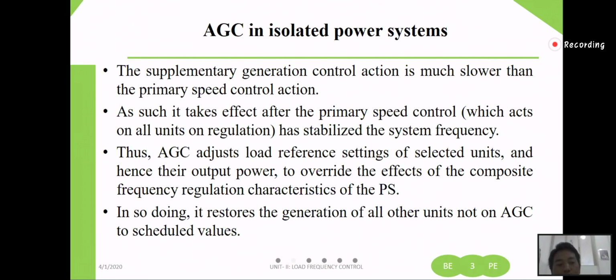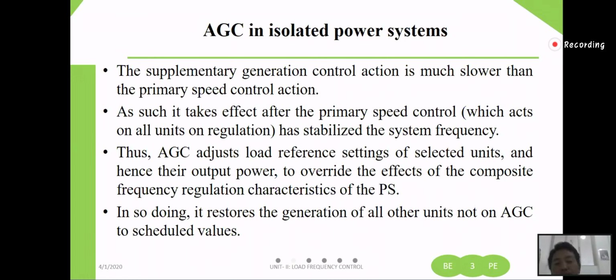As it performs slower, it takes effect after the primary speed control, which we know will act on all the units on regulation, right? So all units are connected with the primary speed control, whereas this supplementary generation control, or secondary generation control or AGC, is employed only to the selected units.